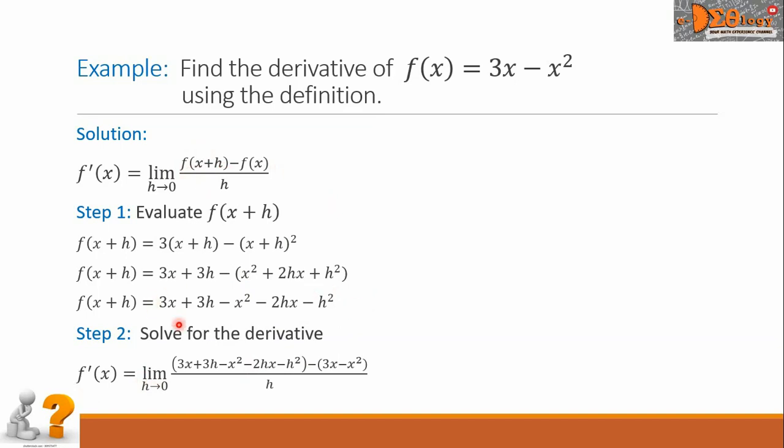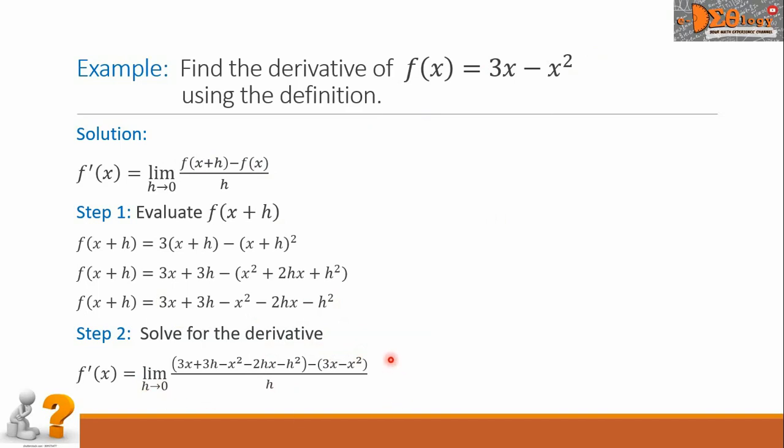So we have this big polynomial we will write here minus the f of x is the given function here. So we have 3x minus x squared all over h as h approaches 0.